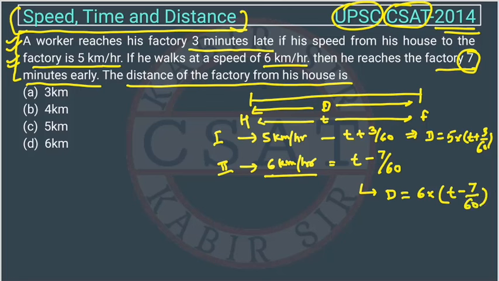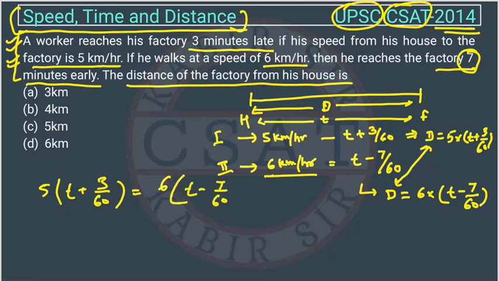Because both distances are equal, we equate them: 5(T plus 3 upon 60) is equal to 6(T minus 7 upon 60). Now we will solve it.